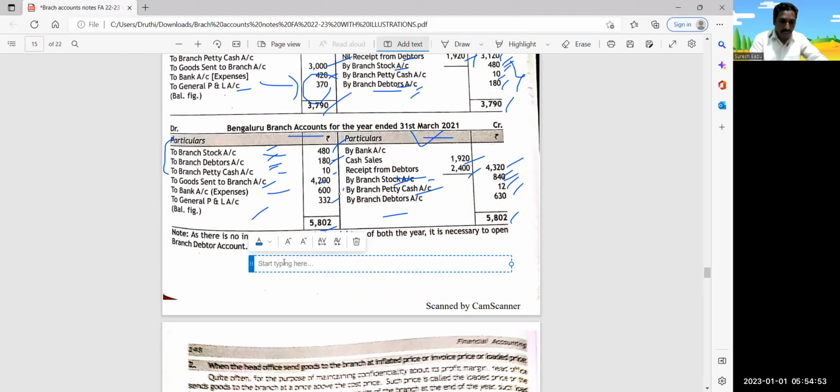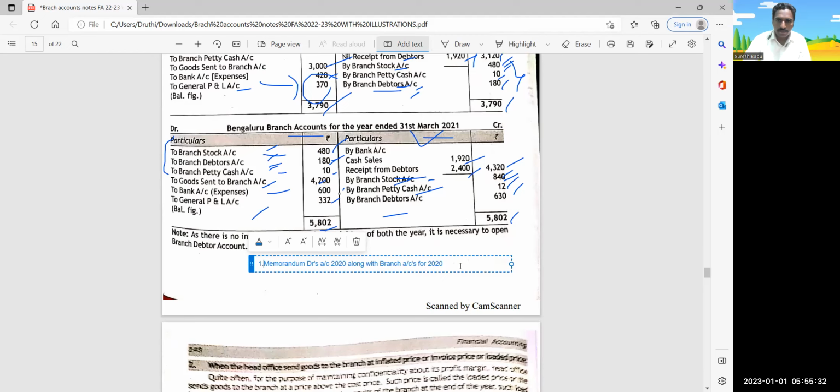First, you need to prepare memorandum debtors account for 2020 along with branch accounts for 2020. Correct now? This is the first step.